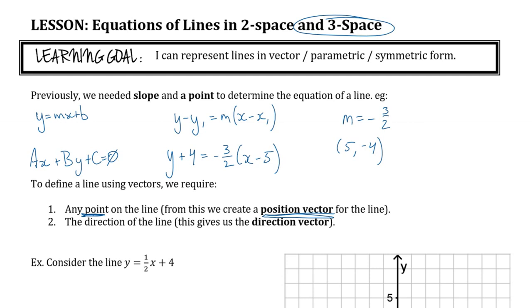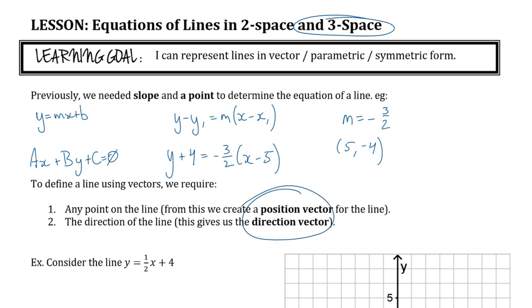So that's one thing we need. So similar to having a point, but what we actually want is a vector. And then the direction of the line, which gives us the direction vector. So whereas before we needed slope and a point, now we need a position vector and a direction vector.